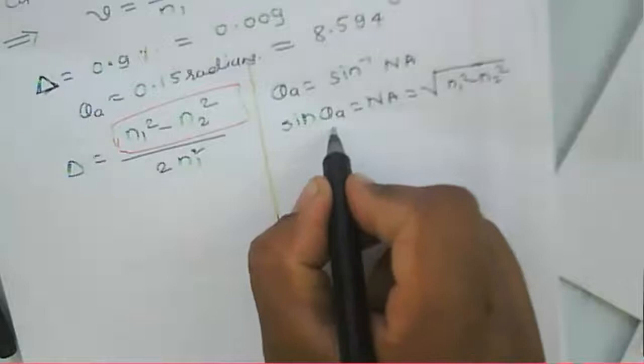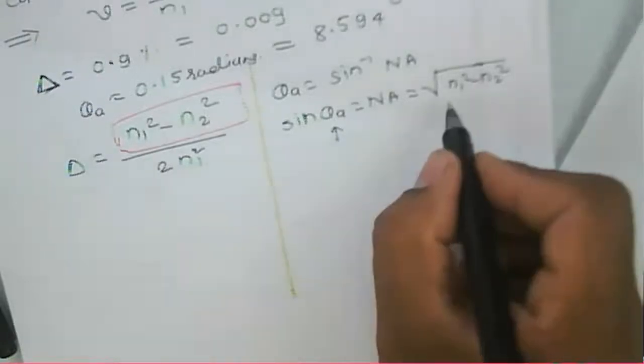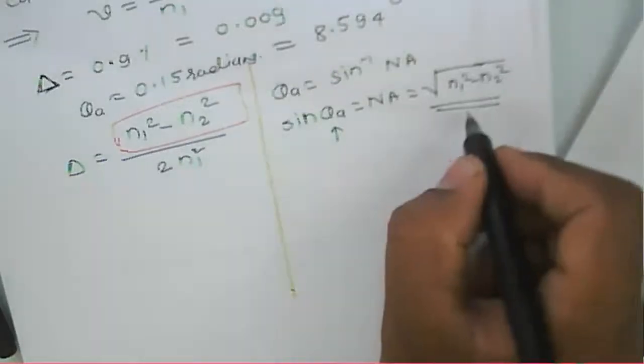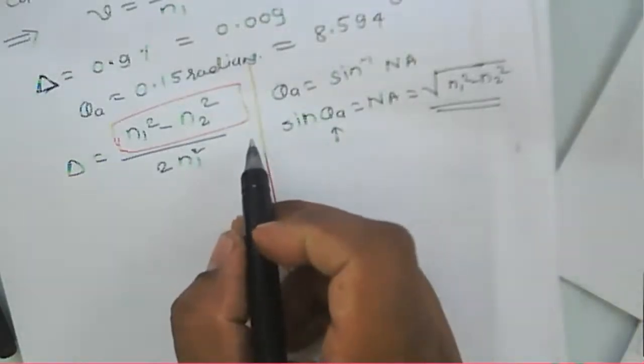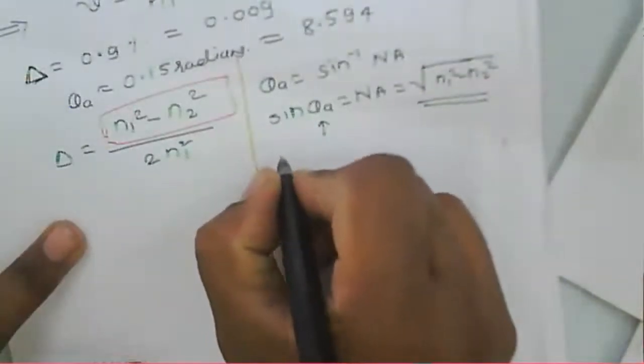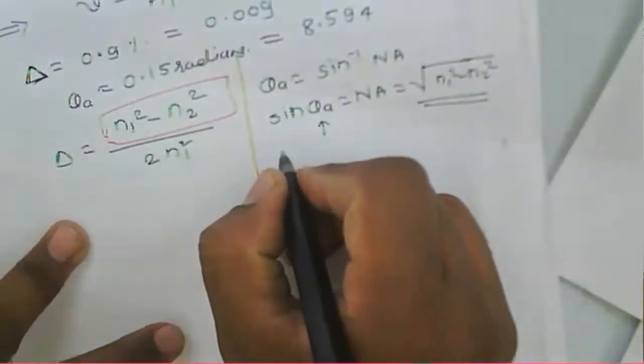If you put the value of theta a here, you will get the n1 and n2 terms, the value of n1 and n2.